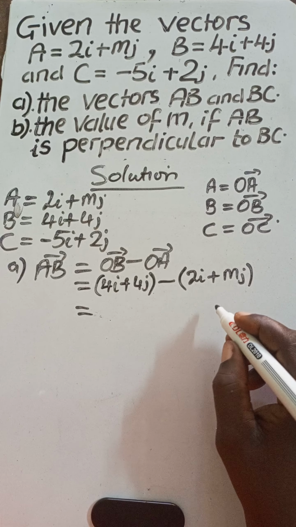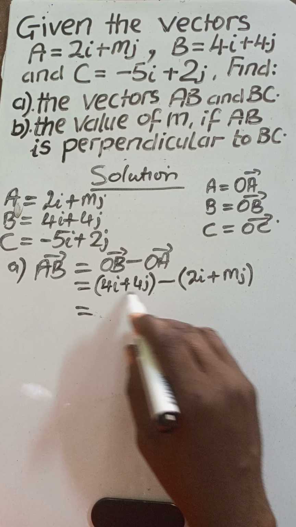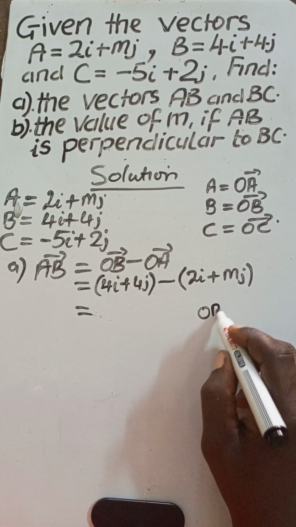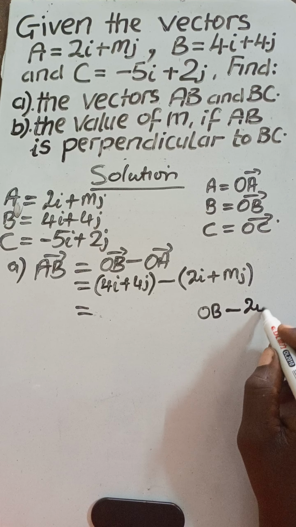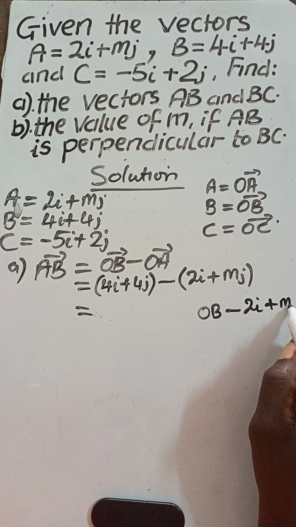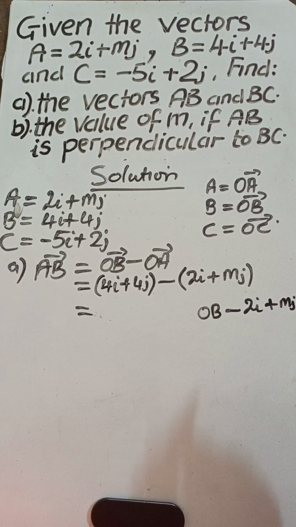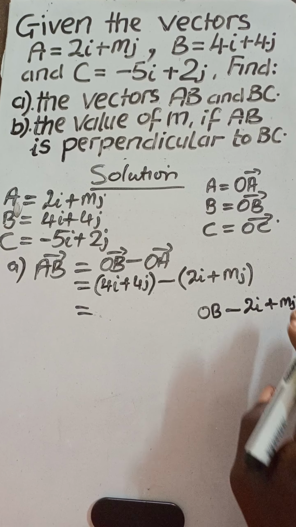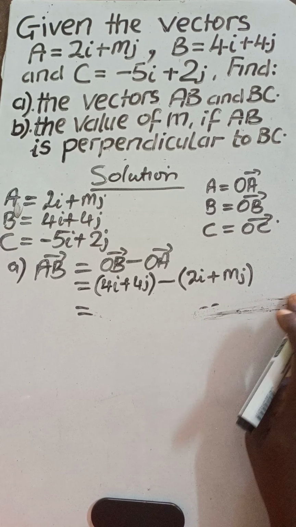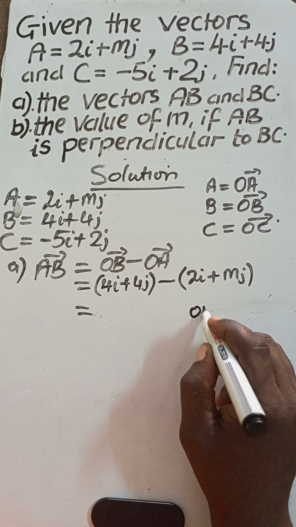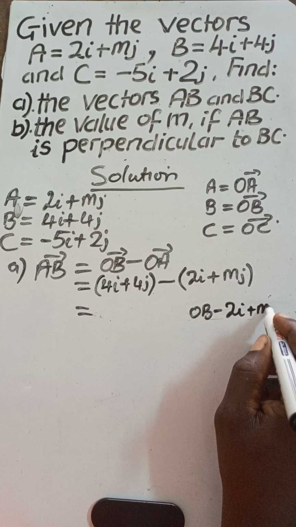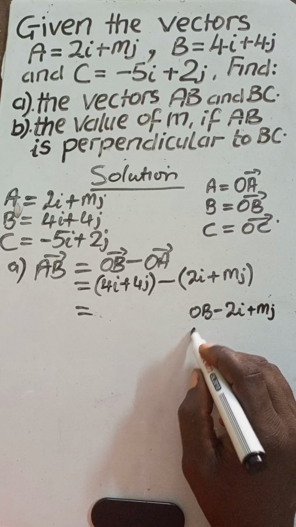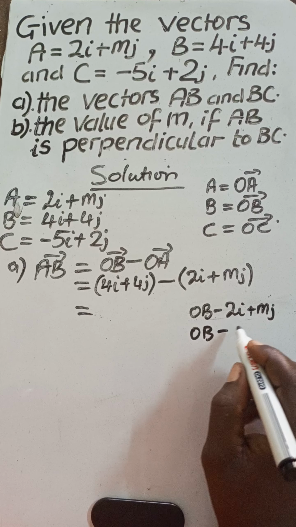Look at the situation where someone omits it. Let's see the 2 different scenarios. This is OB, so let's just write OB. Then this minus. Look at someone who did not put the parenthesis. The person writes that. And then look at the person who writes the parenthesis.